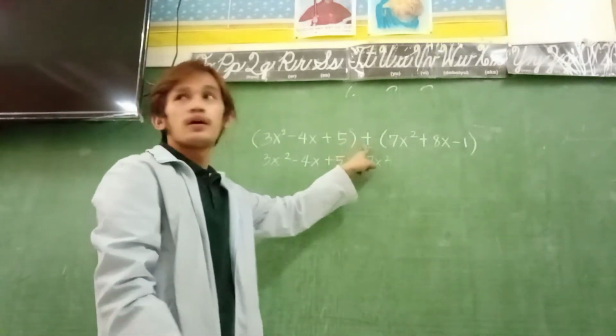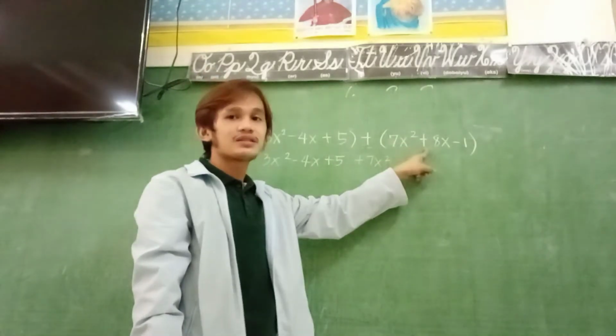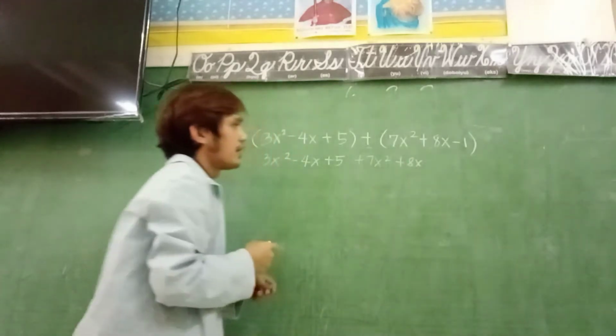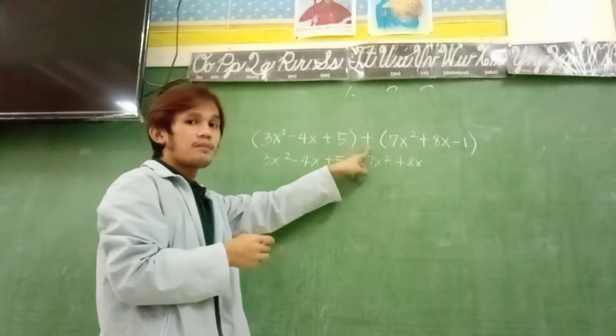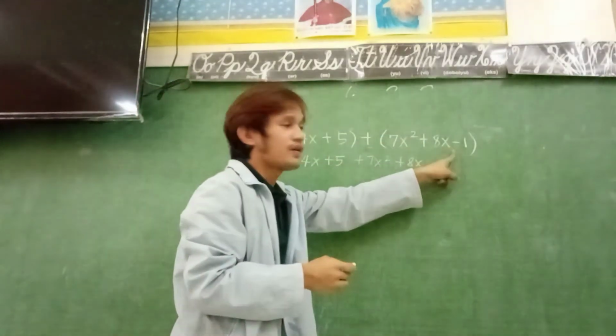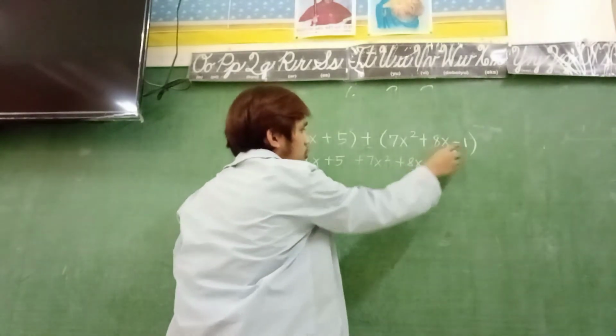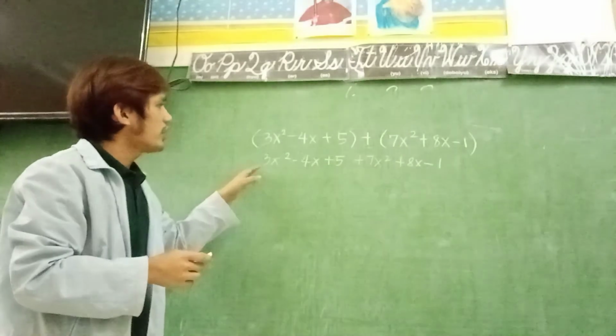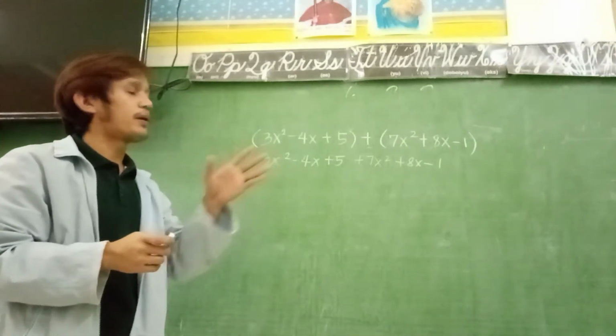Positive times positive 8x, so that will become positive 8x. Lastly, we have positive multiplied by a negative, that is a negative, and then you copy the number, which is 1. So now, it is already removed from the parenthesis.